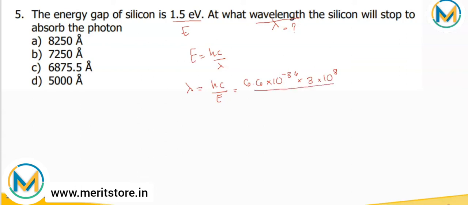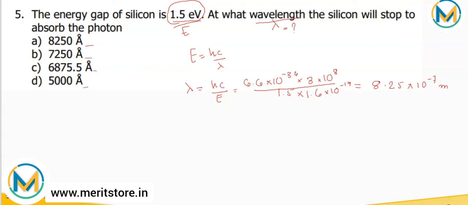The whole upon energy value which is given in the question, that is 1.5 electron volt, we'll just substitute it over here. It's 1.5 electron volt, and electron volt needs to be converted into joules. So we'll put the value 1.6 × 10^-19. Now when you do the calculation for this, we get the answer as 8.25 × 10^-7 meter. Now we need to convert it into angstrom because all the options are given in terms of angstrom only.